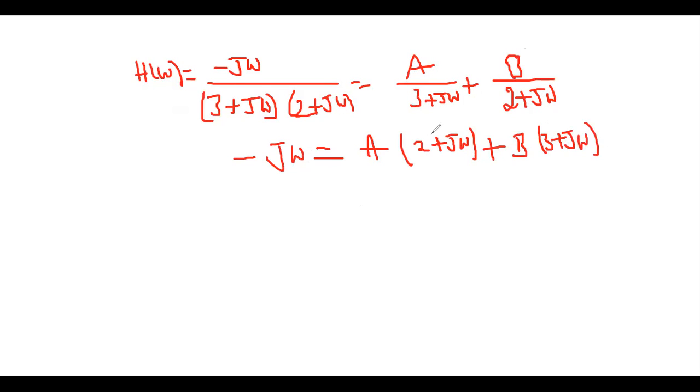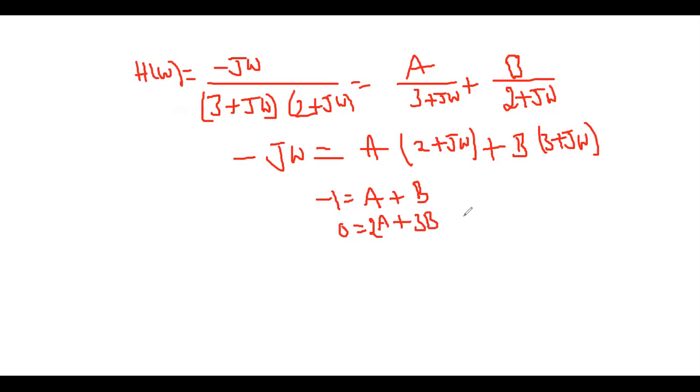So denominator and denominator cancel here. Now compare the functions. Comparing the j omega coefficients, minus 1 is equal to A plus B, and comparing the constant coefficients, 0 is equal to 2A plus 3B.